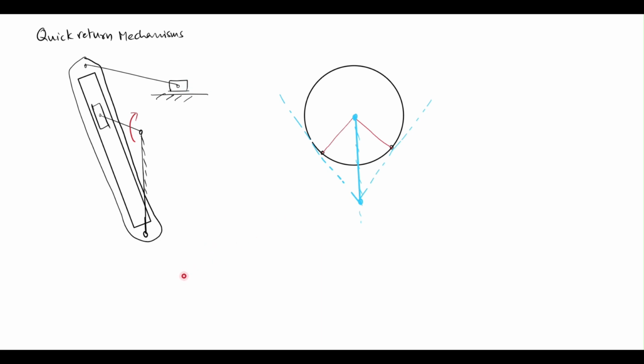As we had noticed in a crank rocker mechanism, once this full rotation of the crank happens, the rocker goes between two extreme positions.